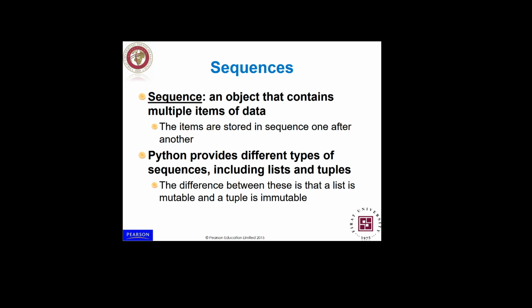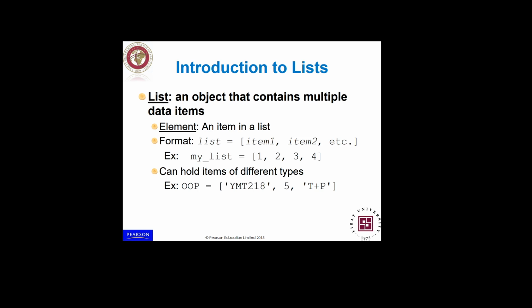How do we represent these items? Simply, we have a formal way for representing or creating a list. A list has a list name, and when we want to initialize it, we need to use the subscript notation, these brackets, and the items inside, or the elements, are separated by commas.